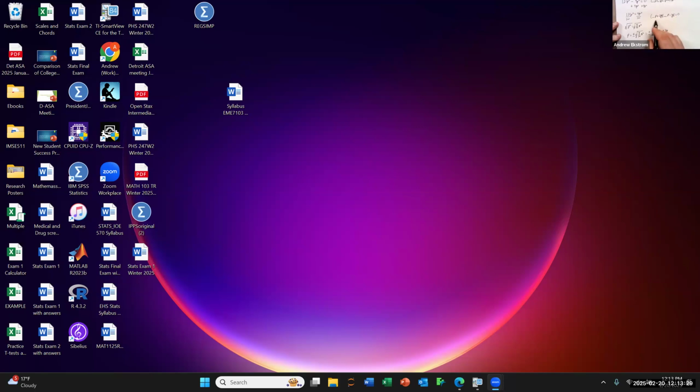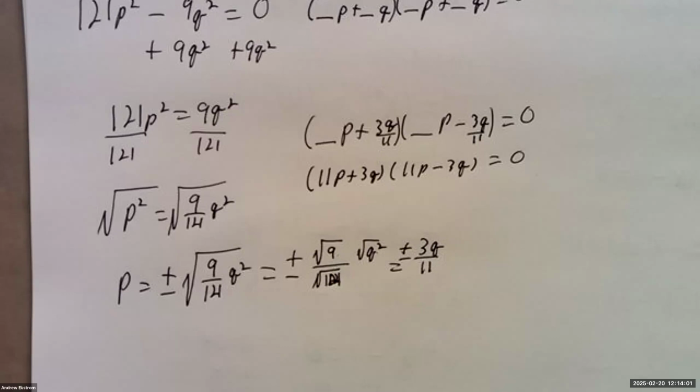To get it in the form that the textbook or the online homework wants, we'll end up with, so with these, we take whatever's in the denominator, plug them out in front, be done with it. Okay. And that is literally everything that we need.